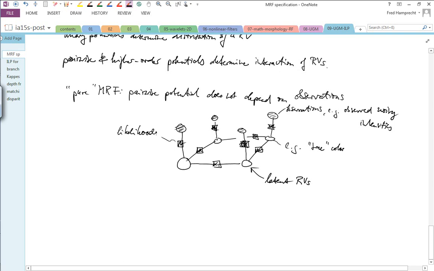If I only look at an observation and its latent random variable, they couple my estimate to this observation. And if I did not have all these pairwise potentials that I'm here coloring in blue, then I would simply use the observation as my best estimate. But now I have these pairwise terms that allow me, for example, to bring in a smoothness assumption. And I'm now talking about these pairwise potentials here.